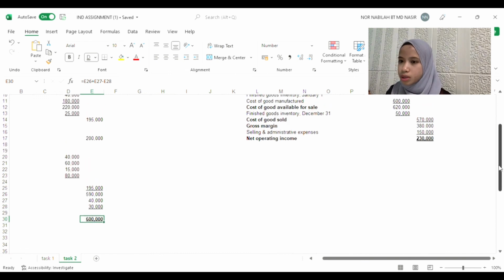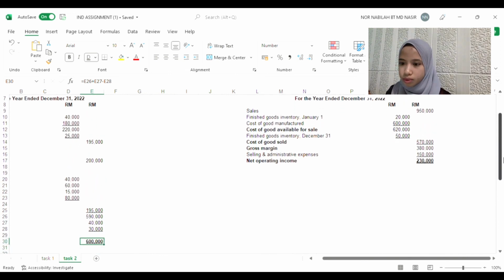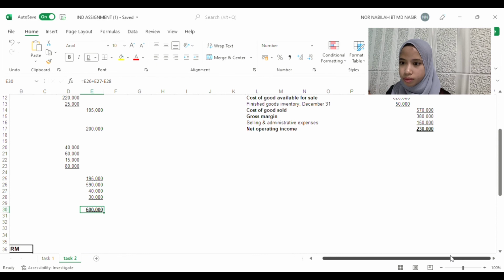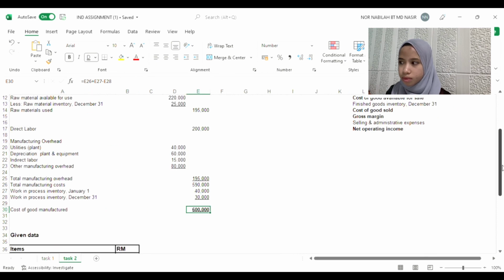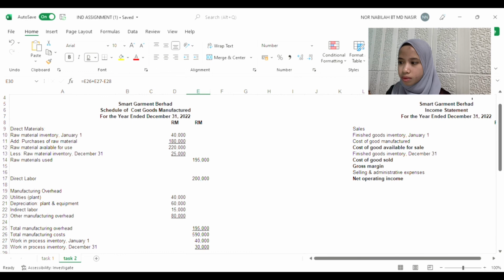So that's all for task 2. So net operating income is 230,000.